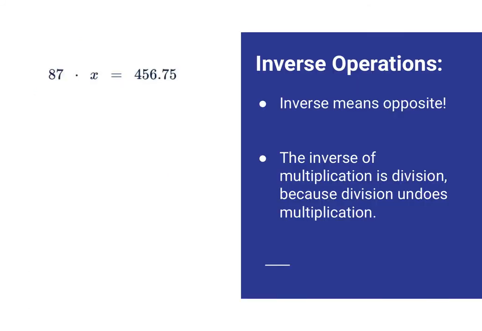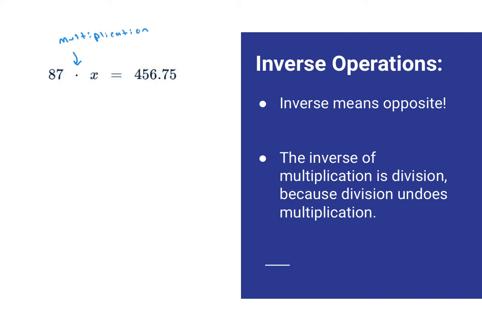Now we're going to look at a couple of one-step algebraic equations using inverse operations. An inverse operation just means an opposite operation. In this case, since we have multiplication, we're going to need to use division to isolate our variable. Again, a variable is just a letter that is a placeholder for a value.